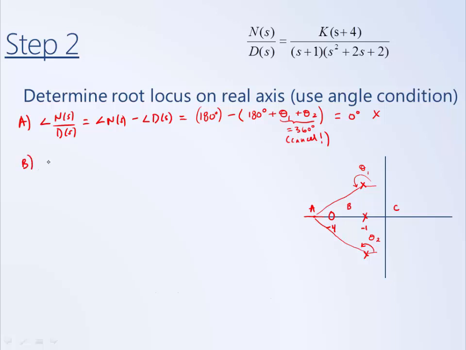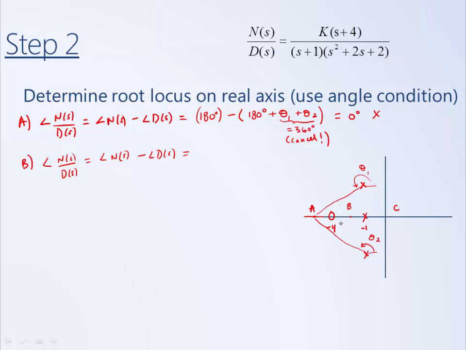We can then go ahead and test region B, where again we draw the angles from the numerator, from the zeros, and subtract angles from the poles.